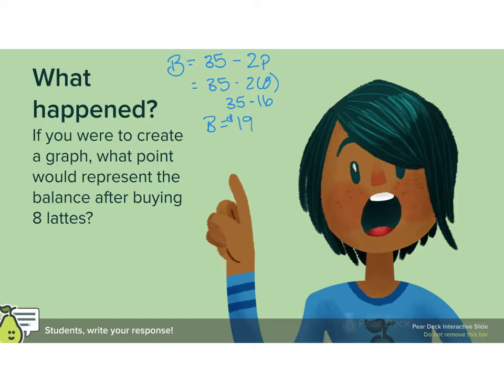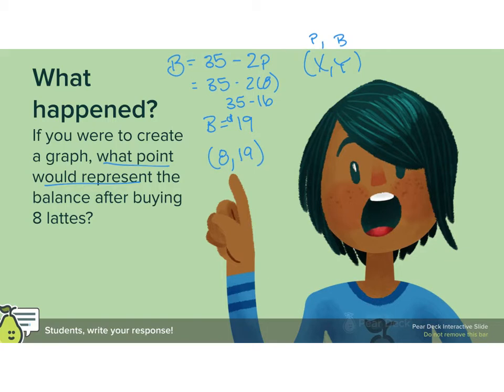So what point would represent this balance? So a point is an x comma y, right? But remember, in this problem, instead of x, they were using p, and instead of y, they were using b. So x is the number of lattes, that would be 8, and y is the balance left on my card, which would be $19.